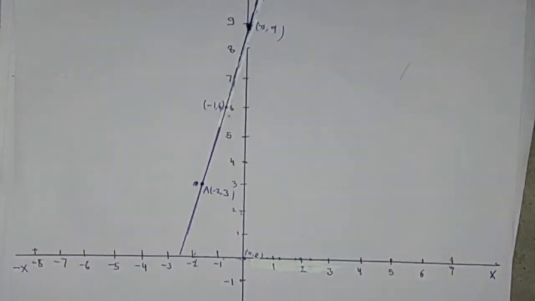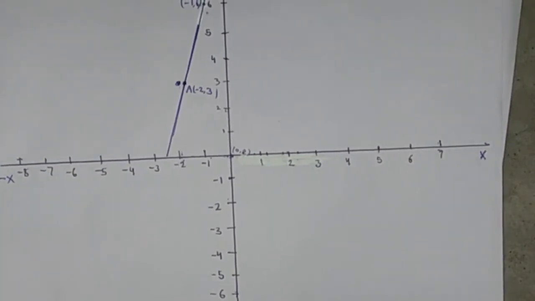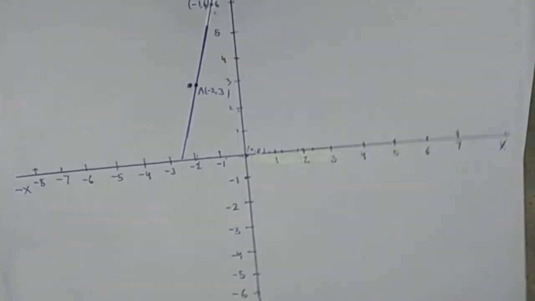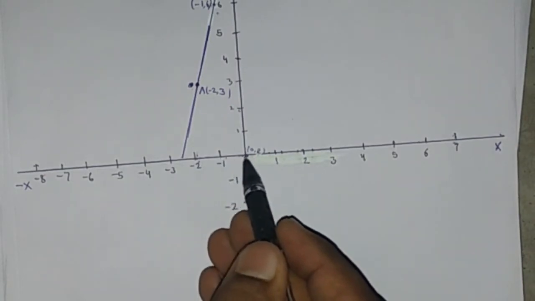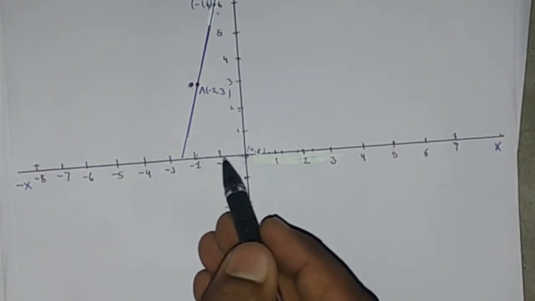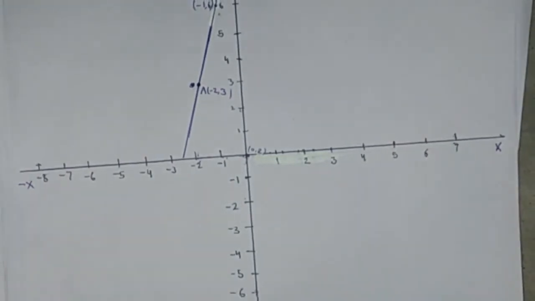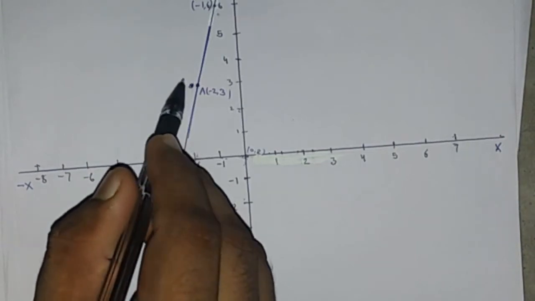Now second line is P minus 1 comma 3, Q 0 comma 0 and R 1 comma minus 3. P minus 1 comma 3 means x equal minus 1 in the negative direction of x-axis and y equal 3.